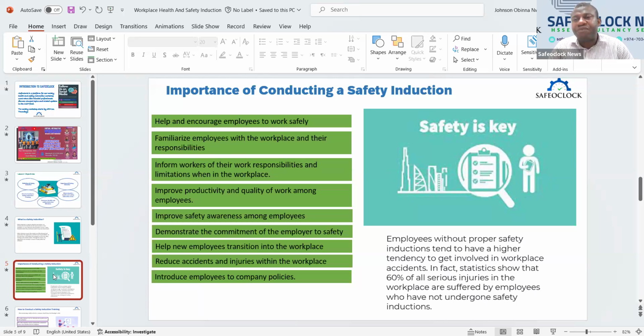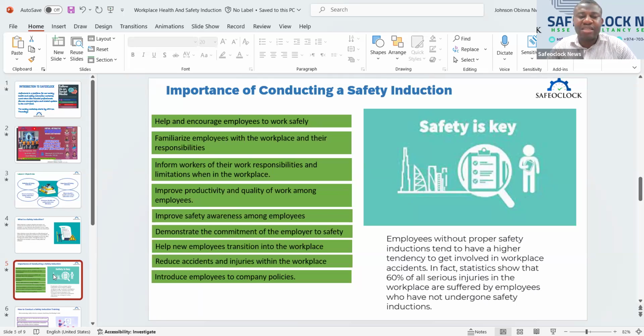Because when people are fully aware of the hazards, and fully aware of the safe practices and safe procedures, then they will avoid mistakes that could lead to incidents or injury in the workplace. So conducting health and safety induction is a better way of reducing incidents in the workplace.